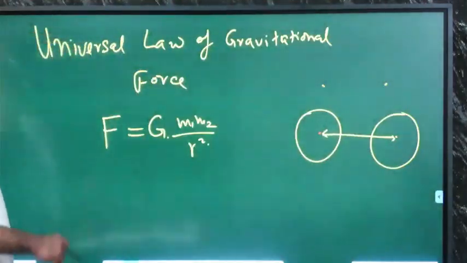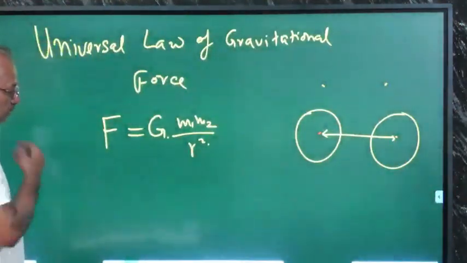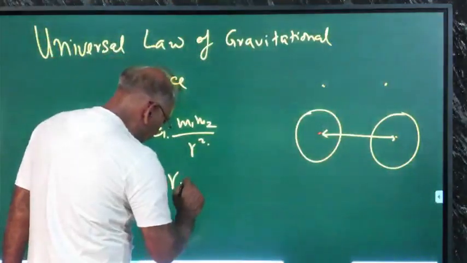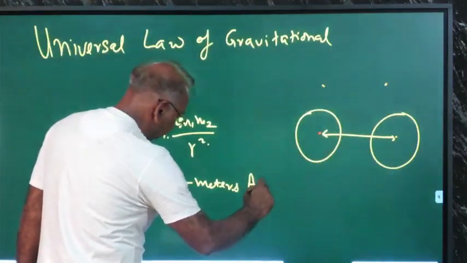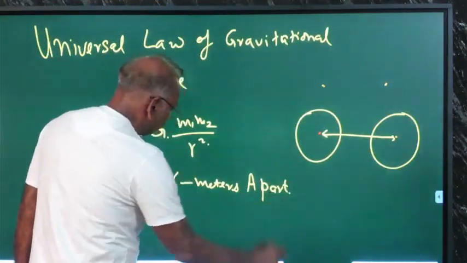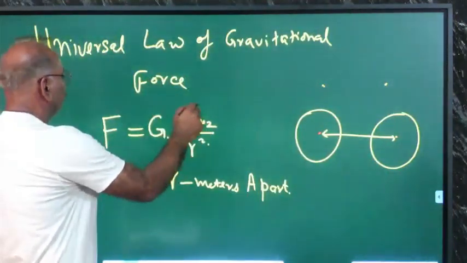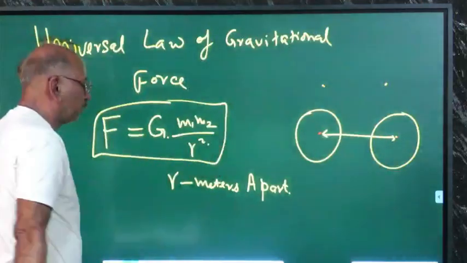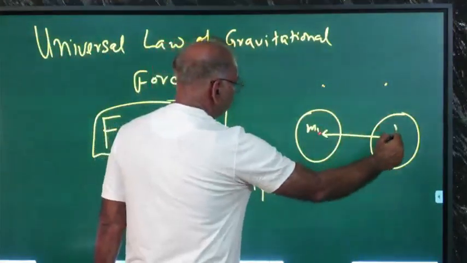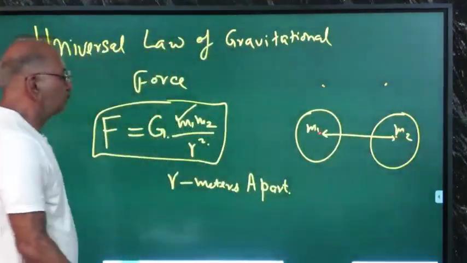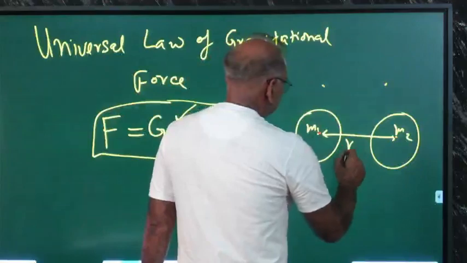So if we want to calculate the force between two objects being kept at a distance of r meters apart, we can find its value of force with the help of this formula, where m1 is the mass of one particle or one object and m2 is the mass of the second object, and they are kept at a distance r.